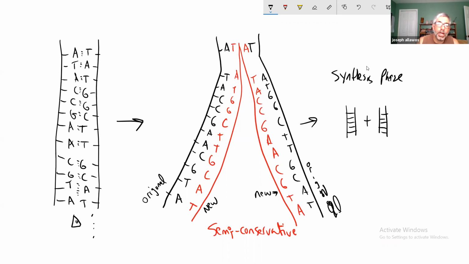It's a very accurate process, but you could imagine there could be a little glitch, right? And if there's a little glitch here, let's say something happens to this location, this base, well, that's called a point mutation, and we're going to talk more about what happens in point mutations and why they can be very detrimental to the organism.